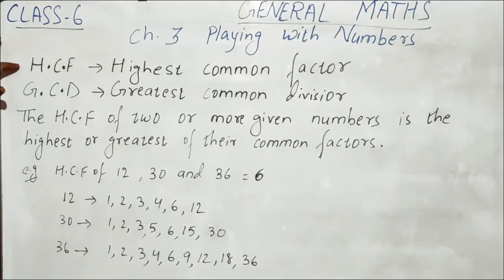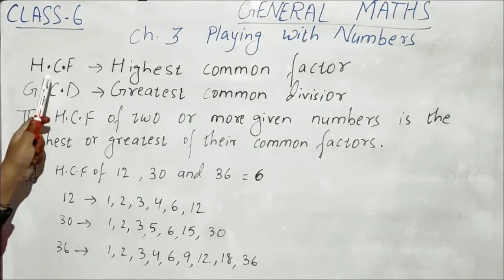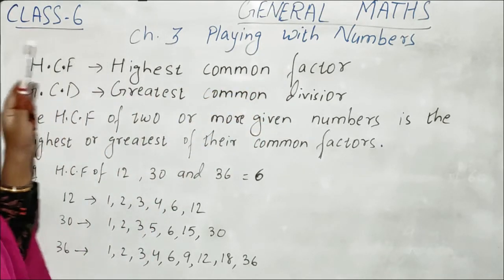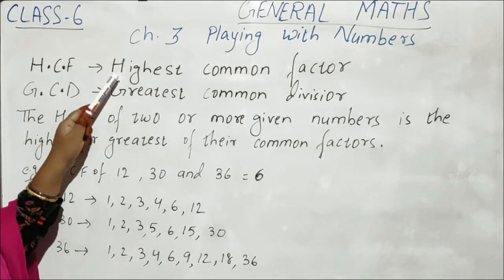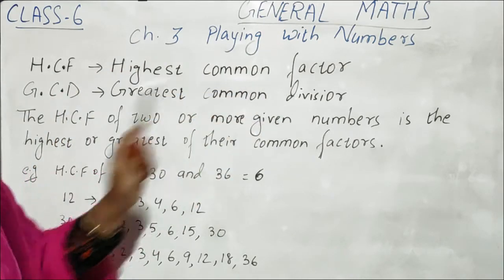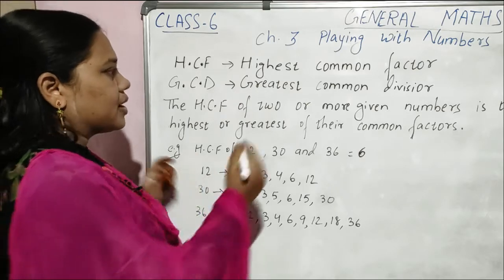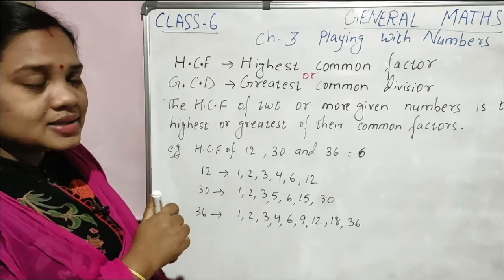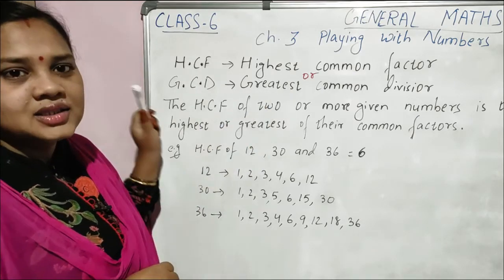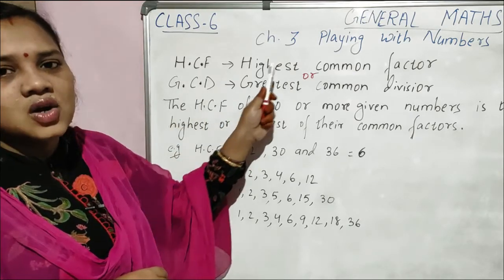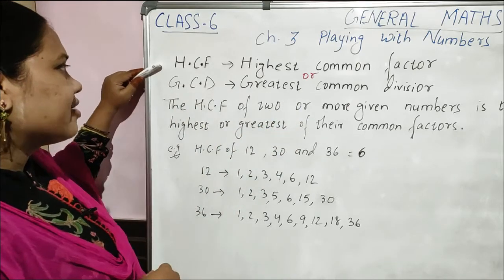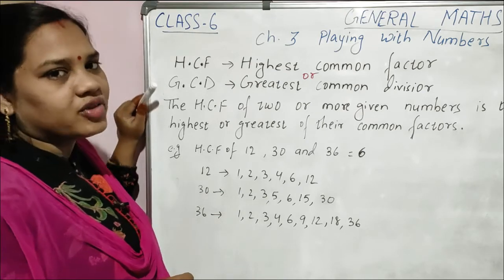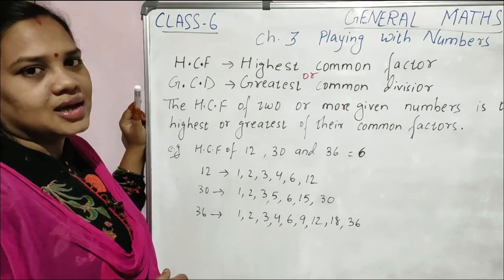Children, HCF means highest common factor. This is also known as GCD, greatest common divisor. HCF or GCD, both are the same. Somewhere we will say HCF, somewhere GCD, but both are the same.